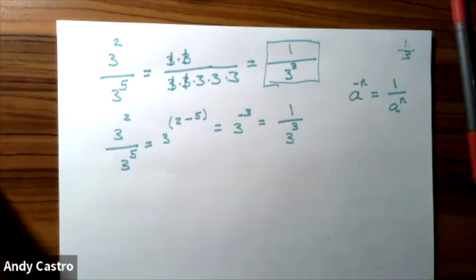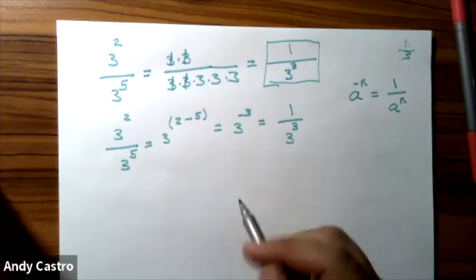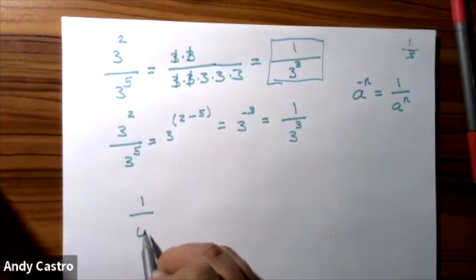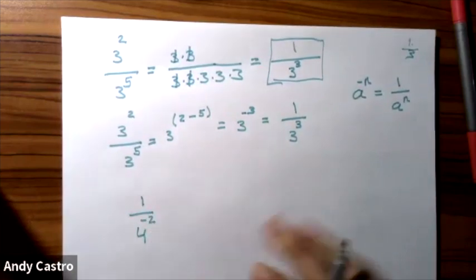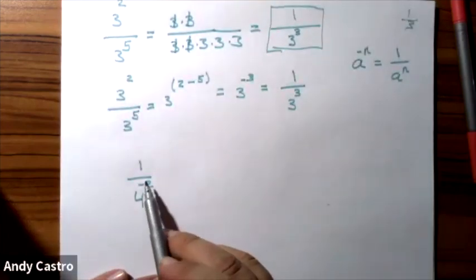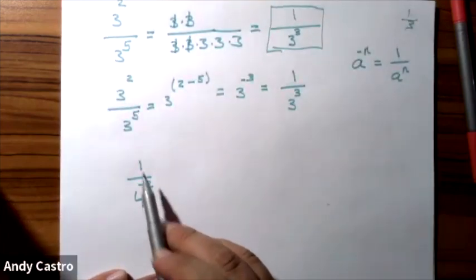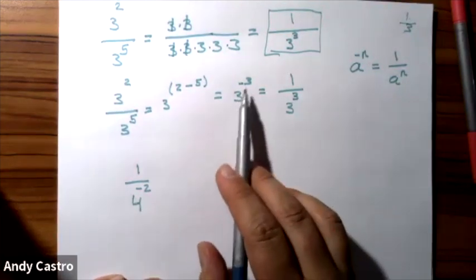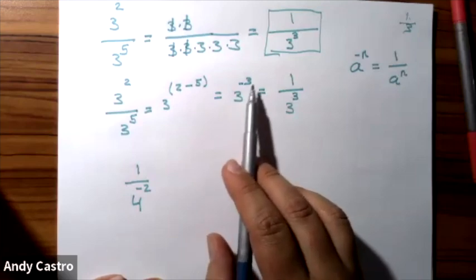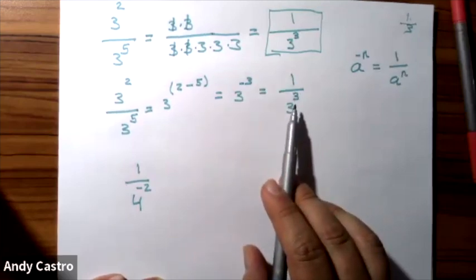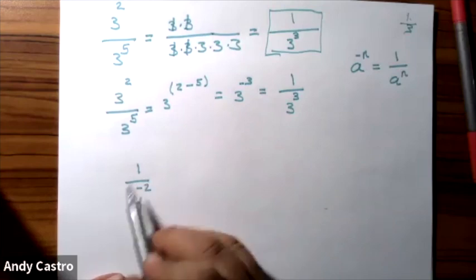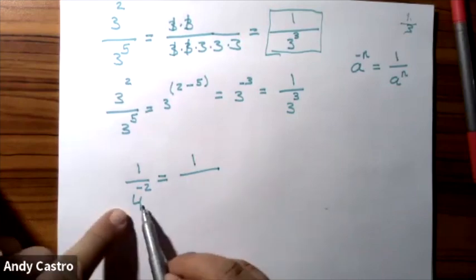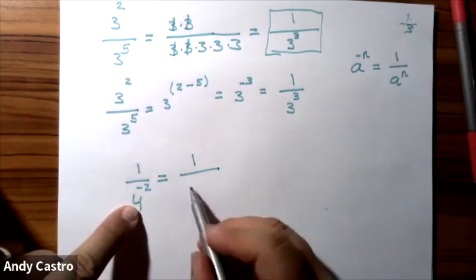Now, the inverse of that is also true, meaning that if I have 1 over, let's say, 4 to the negative second power, notice how this negative exponent is already in the denominator. In this case, 3 to the negative third was in the numerator, so we brought it to the denominator. So let's work this out. I have 1 over this 4 to the negative 2.